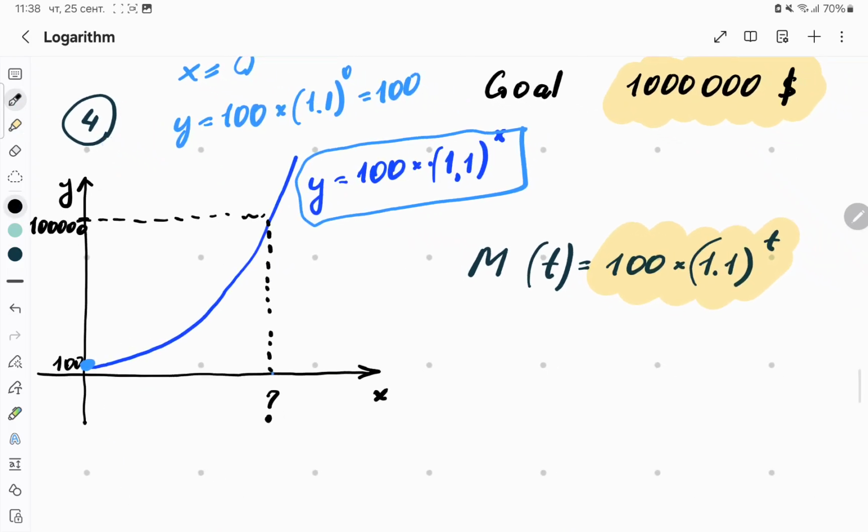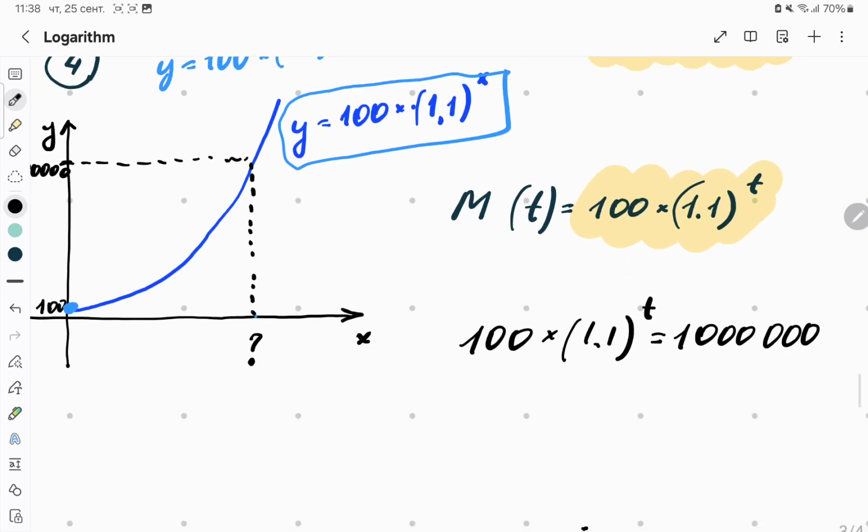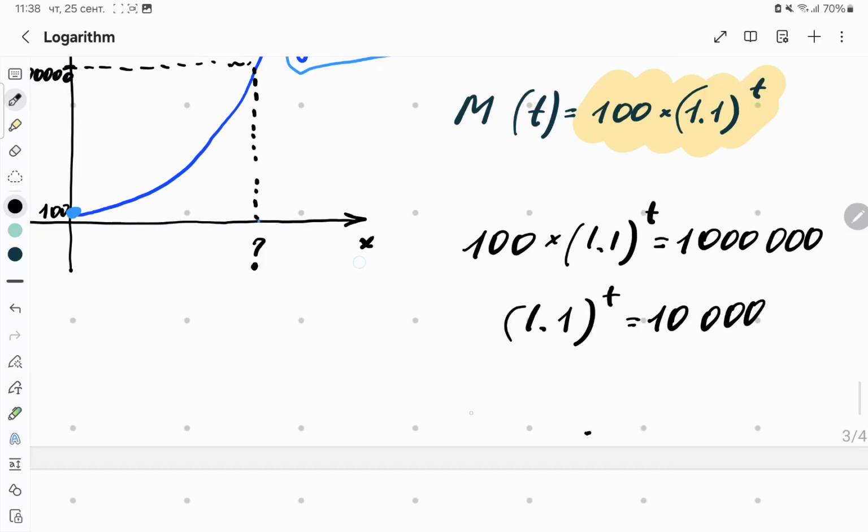So let's solve the equation. So that's 100 times 1.1 in power t is equal to 1 million. Now we should solve this equation. Let's divide both sides by 100. Let's simplify. And let's use our definition of logarithm. So t will be equal to logarithm 10 thousand in base 1.1.